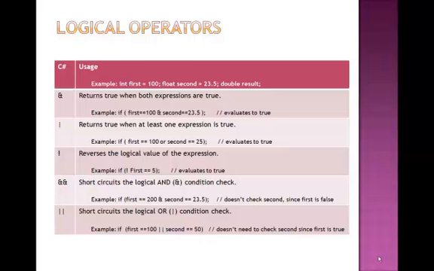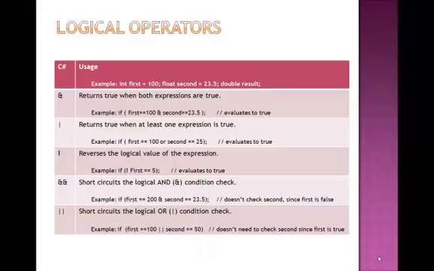So for example, first equals 100, which is a comparison operator, evaluates to true because first is 100. And notice that I have double equal signs for the comparison operator, not just the assignment. And then if I AND this with second equals 23.5, because that expression is also true, both of the expressions are true, therefore this evaluates to true.